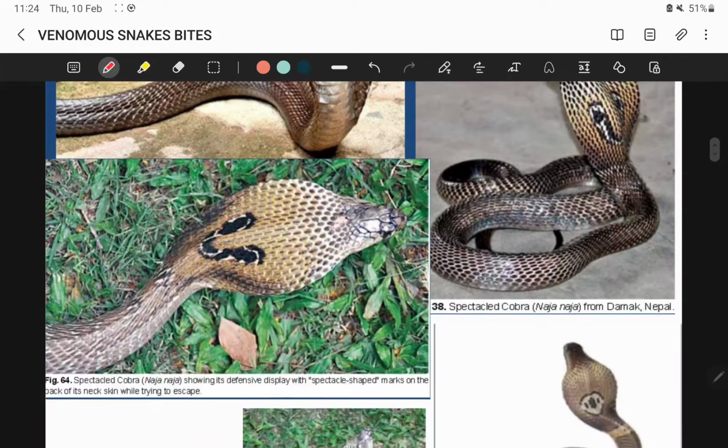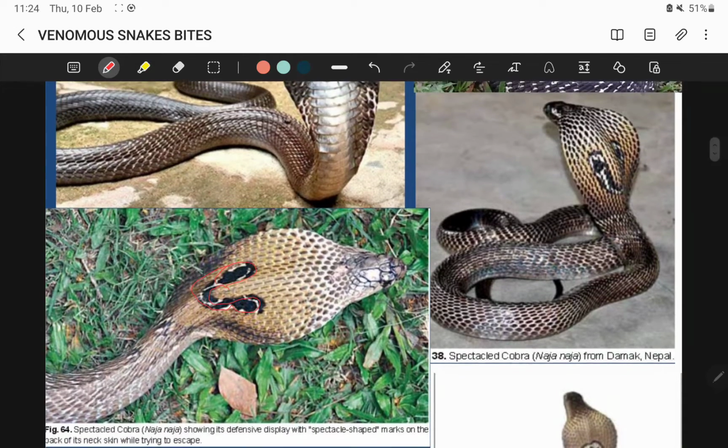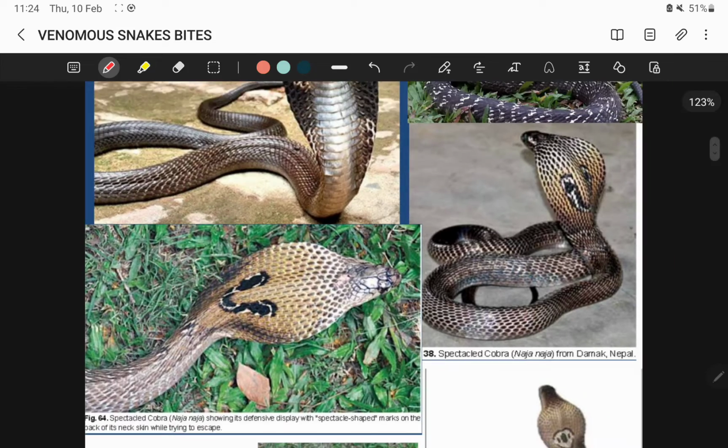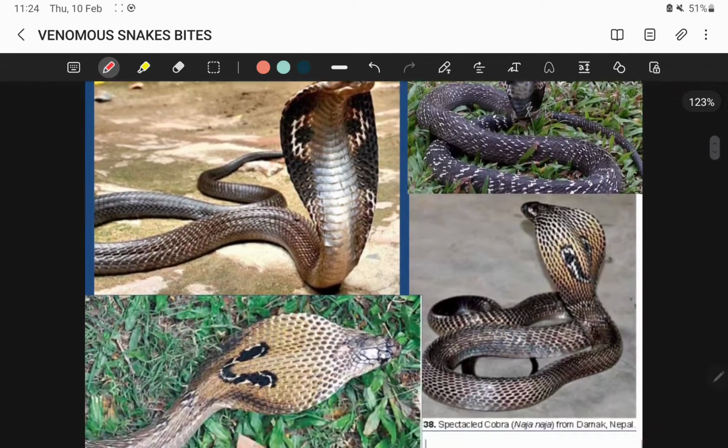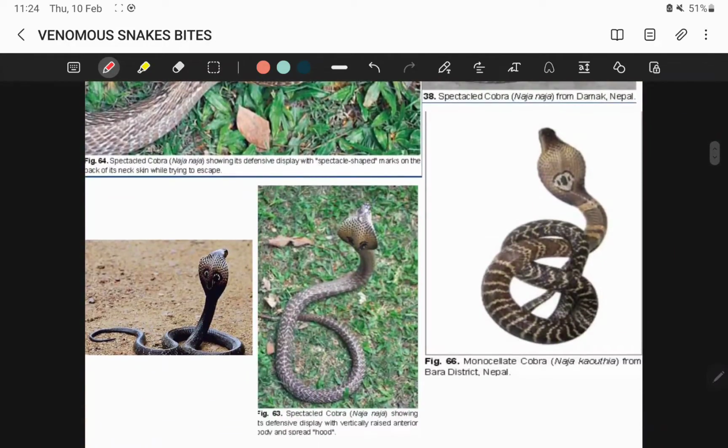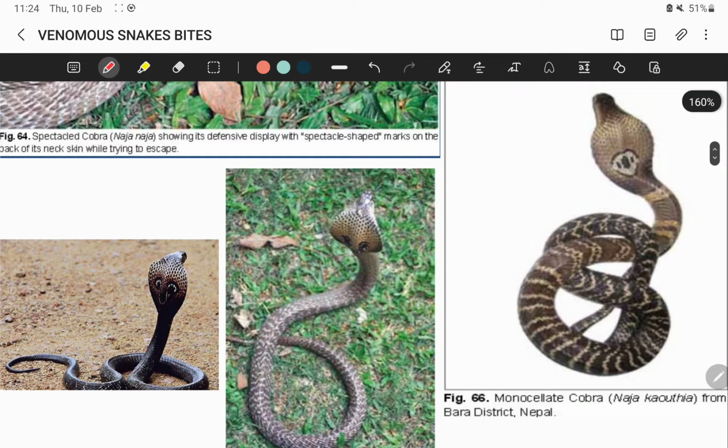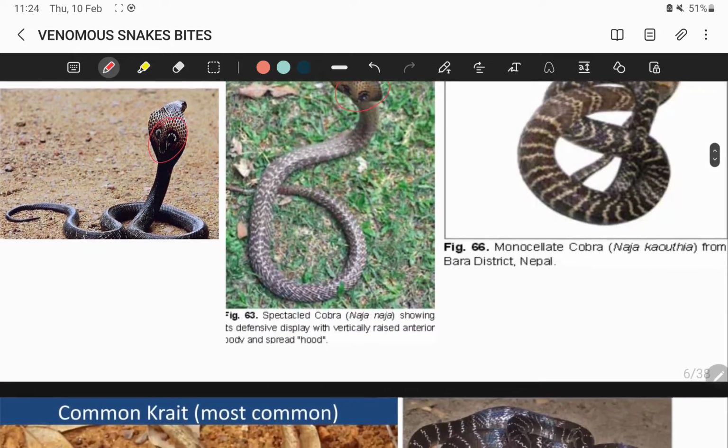If we look at the back, there are spectacle-shaped marks on the back part of the neck. If this mark is present on the snake, then it is the common cobra, Naja naja. We can see various photos of this.